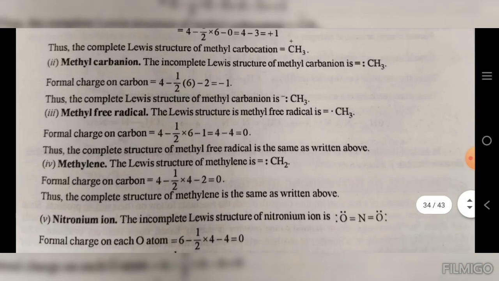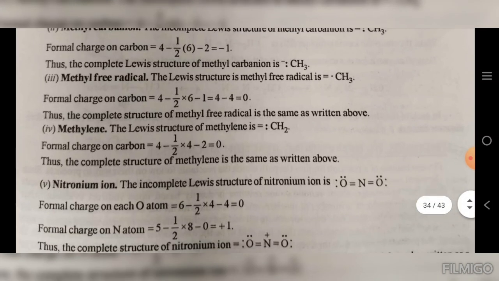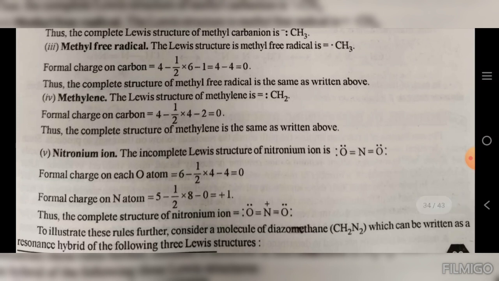Thus, the complete Lewis structure is CH3 plus, the methyl carbocation. The incomplete Lewis structure of methyl carbanion is CH3. Formal charge on carbon is 4 minus half into 6 minus 2, equal to minus 1. Thus, the complete Lewis structure of methyl carbanion is CH3 minus. Methyl free radical. The Lewis structure of methyl free radical is CH3. Formal charge on carbon is equal to 0. Thus, the complete structure of methyl free radical is the same as written above.